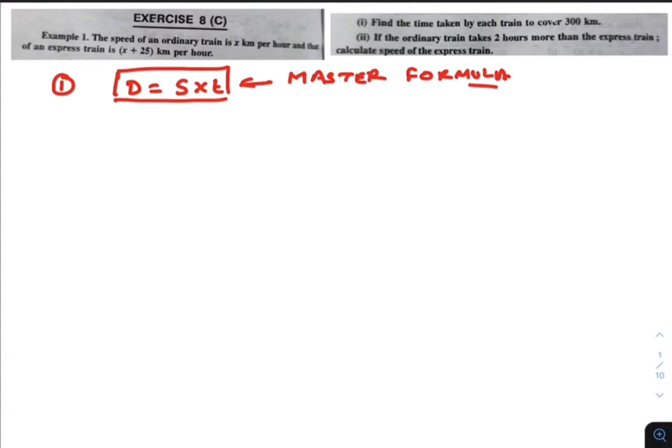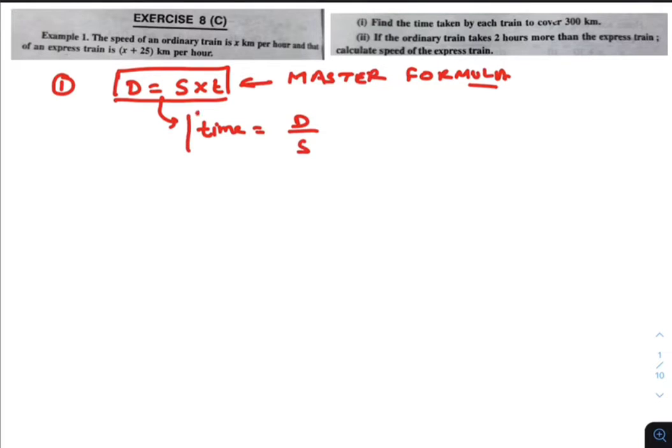Now from this formula we can find the time, because the question asks us to find the time taken by each train. From this formula, time is equal to distance divided by speed.